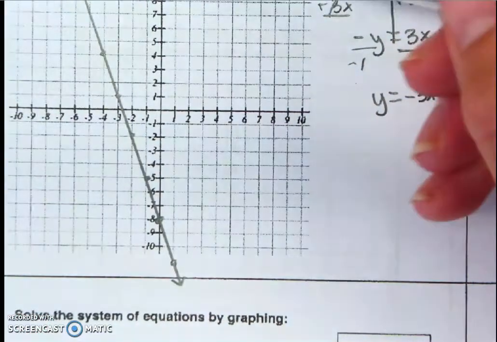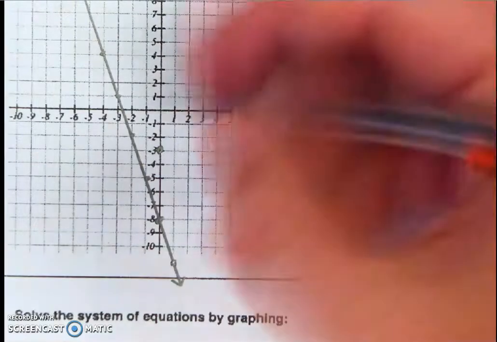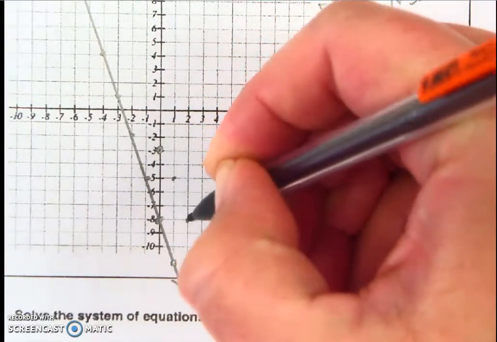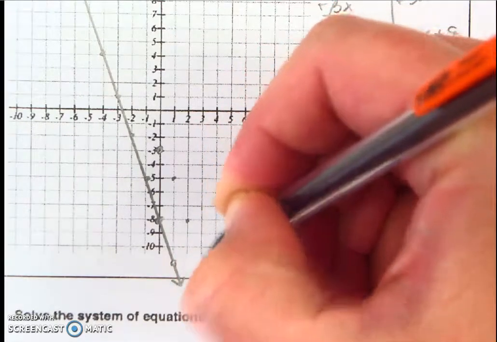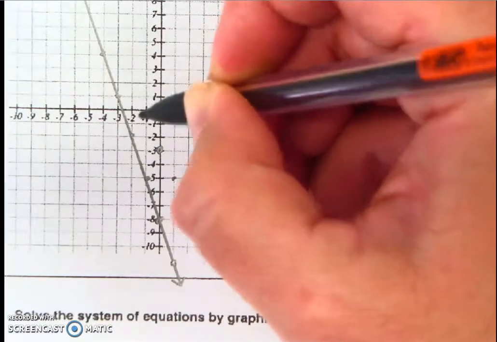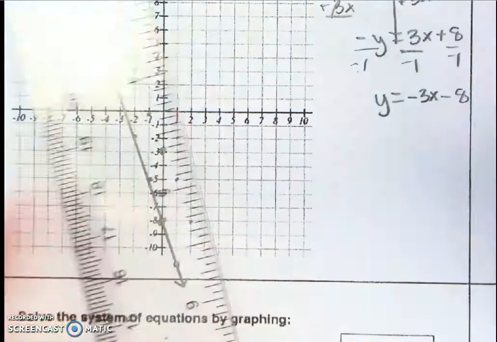Now the second equation crosses at negative 3. It's a little easier to see this one. And then goes down 3, right 1. Down 3, right 1. Sound familiar? Or the opposite, up 3, left 1. And I'm going to go ahead and graph that.